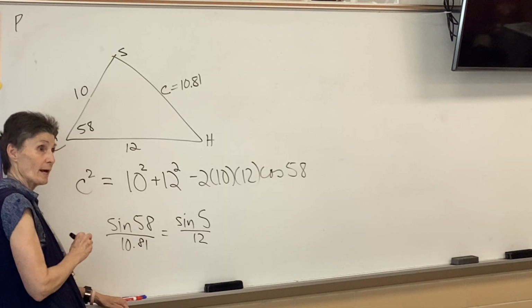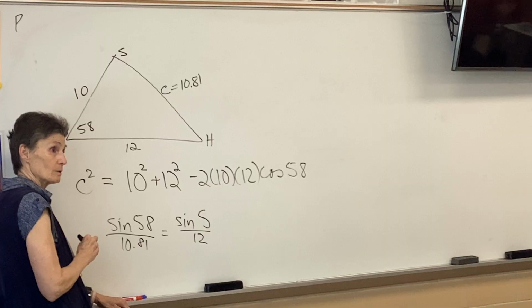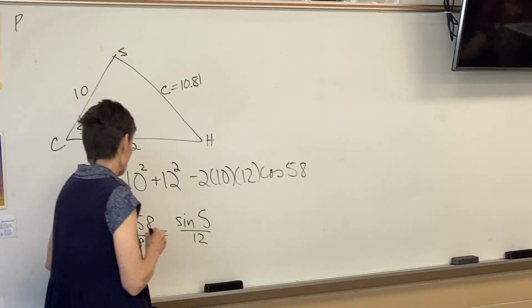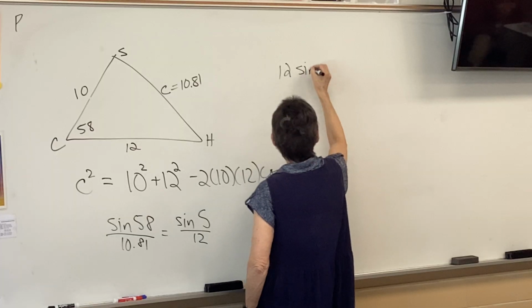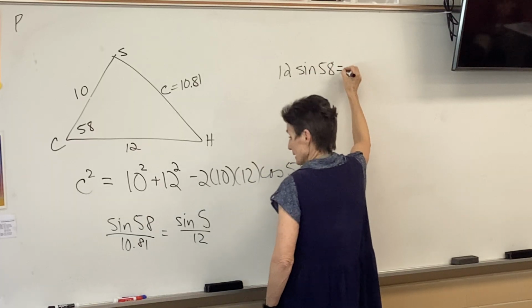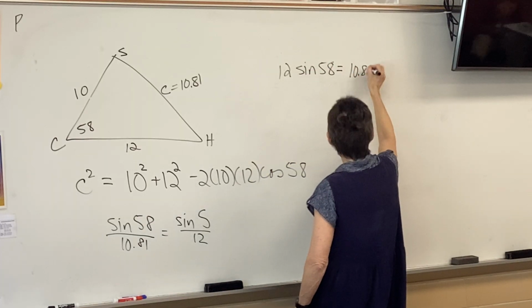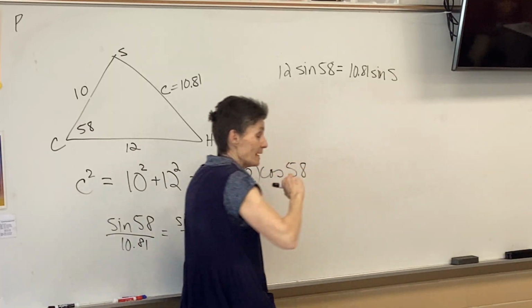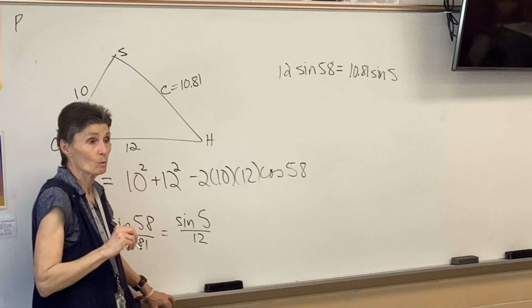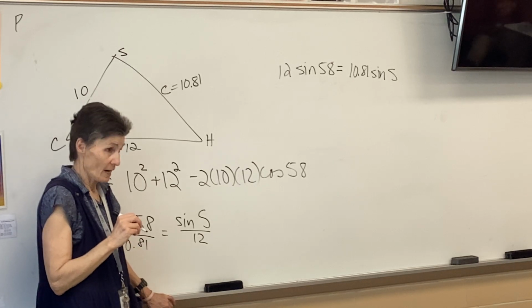And then I'll do what I always do, cross multiply. So 12 sine 58 equals 10.81 sine S. And after I cross multiply, I will divide.